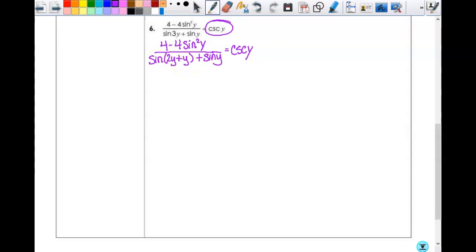So find your sum and difference formula for sine of a plus b. So in the denominator, this becomes sine 2y times cosine y plus cosine 2y times sine y, and then I still have that plus sine y over there.